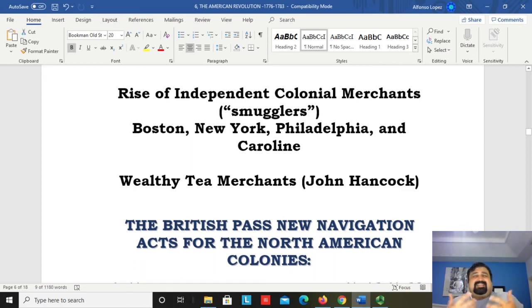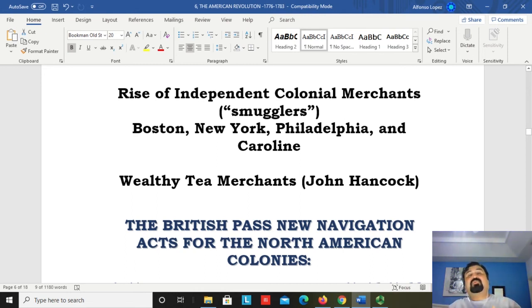So what we see is that the colonies are prospering. We see the accumulation of wealth, if you will, by certain individuals who were operating on this free trade system, so to speak, and the navigation acts that are going to arrive in the colonies, particularly after the end of the French and Indian War in 1763.